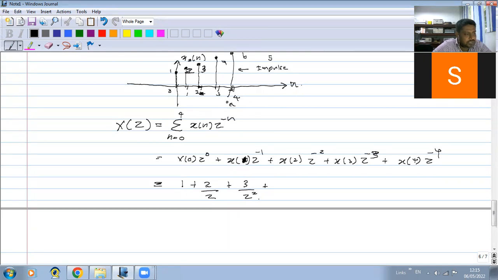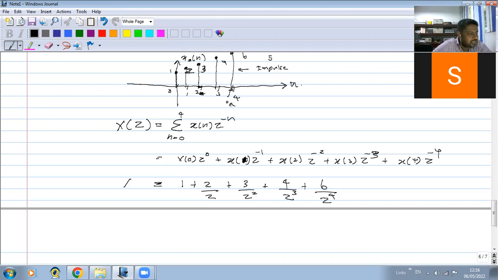So x2 is 3 by z square, x3 is 4 by z to the power 3, plus x4 is 6 by z to the power 4.